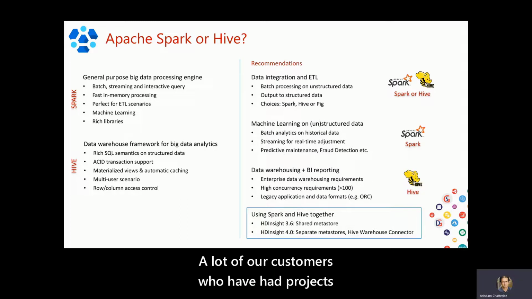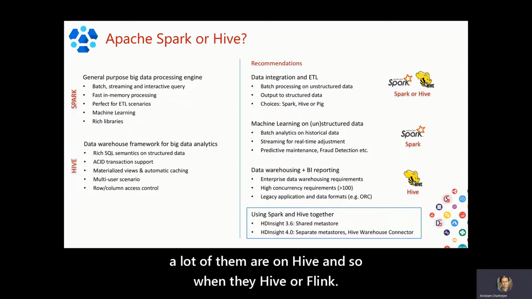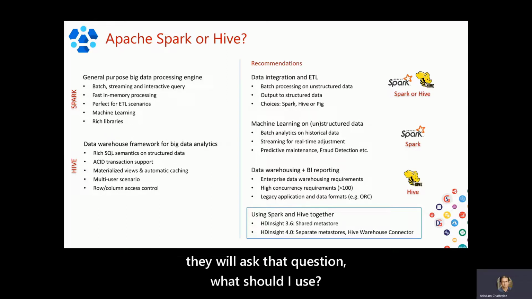A lot of our customers have projects that are on-prem clusters, on-prem applications that have been built for the last 10 plus years, a lot of them on Hive or Pig. And so when they're moving to the cloud, they will ask that question, what should I use?